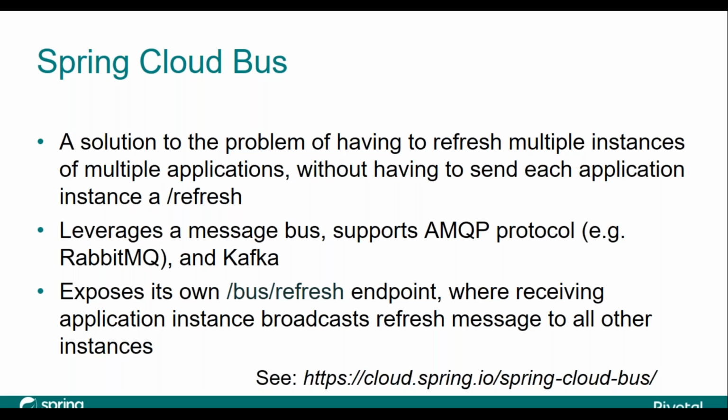Now, the receiving application instance broadcasts your refresh message to all the instances for us. For more information on this, I would recommend you look at the URL cloud.spring.io Spring Cloud Bus.